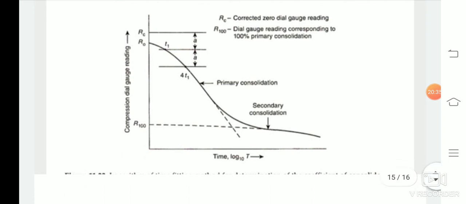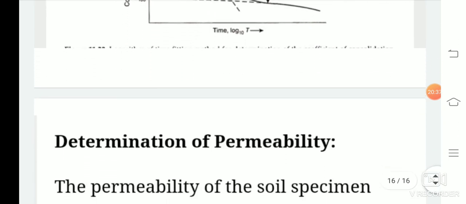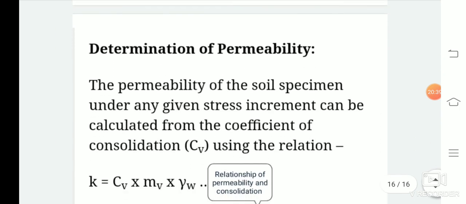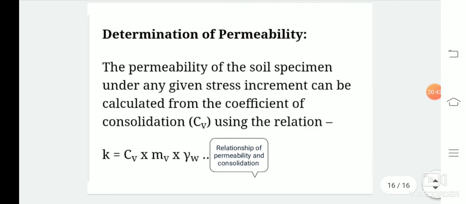And lastly, how to determine the permeability of the soil. From the consolidation test, not only can we find out the void ratio change or the coefficient of consolidation, we can also determine the permeability of the soil.